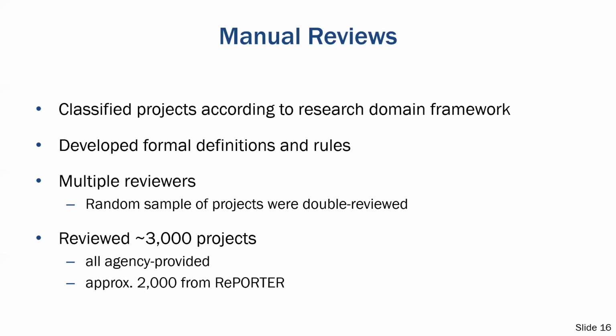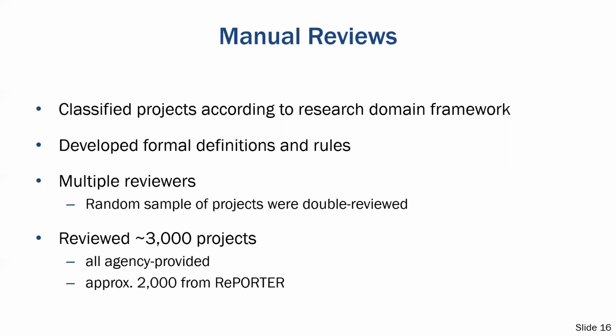Having multiple reviewers on the study team, one of the benefits was that we were able to have multiple reviewers look at the same projects in many cases. We took out a random sample of the project descriptions, and I or Peter or another reviewer, a couple of us, would independently look at that project description, classify it as yes or no for each of our 20 categories, then come back together and compare our classifications.